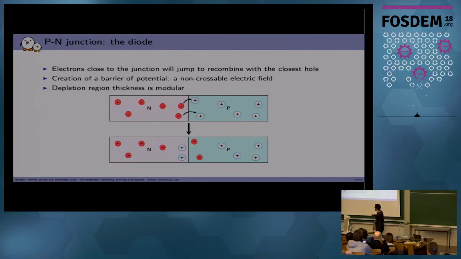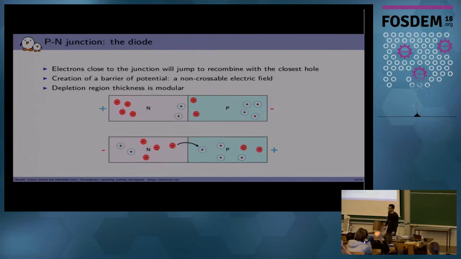It makes both regions not electrically neutral: one will be positive on the n side and one will be negative on the p side, because the matter was electrically neutral, but you added electrons on a side which was already neutral. So there are more electrons than protons in this area, and it makes it negative. It creates an electric field here, a barrier that is hard to cross for other electrons on this side that cannot combine with other holes on the p side.